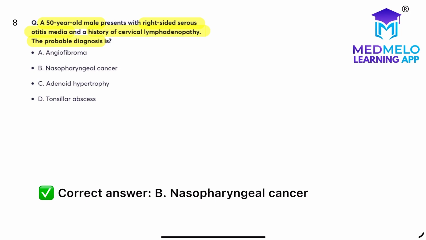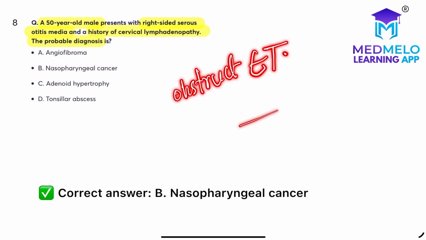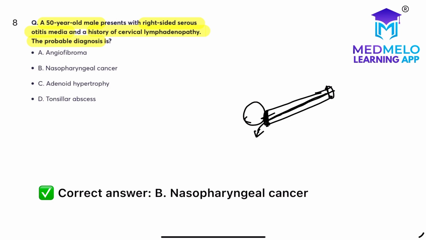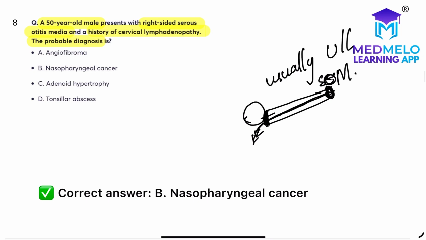Why is it nasopharyngeal carcinoma? Nasopharyngeal carcinoma can obstruct the eustachian tube, and drainage of the serous product of the middle ear does not occur, and it causes serous otitis media, which is usually unilateral, leading to the buildup of fluid behind the tympanic membrane.